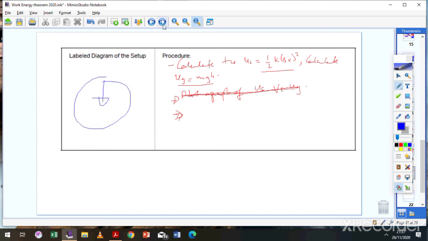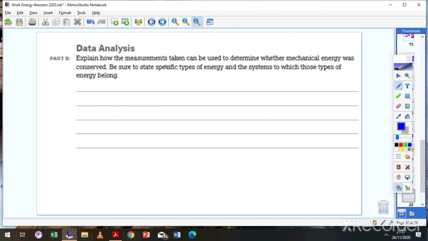Okay, so how can the measurements you've taken be used to determine whether energy was conserved? Be sure to state specific types of energy and the systems to which those types of energy belong. So first of all, you're going to plot a graph of elastic potential energy from the spring, because it's coming from the system of the spring.